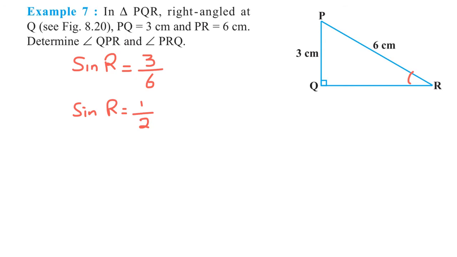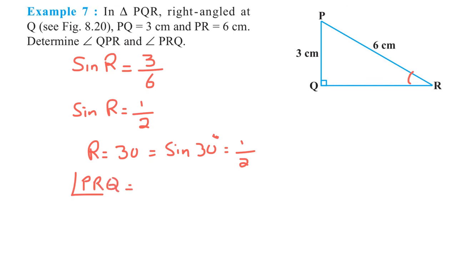For what angle of sine is the value half? It is when R is equal to 30 degrees, because we know that sine 30 degrees is equal to half. We know that. So angle PRQ is 30 degrees.